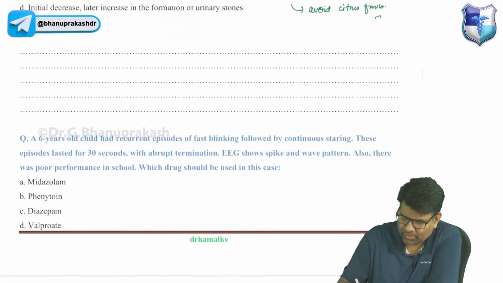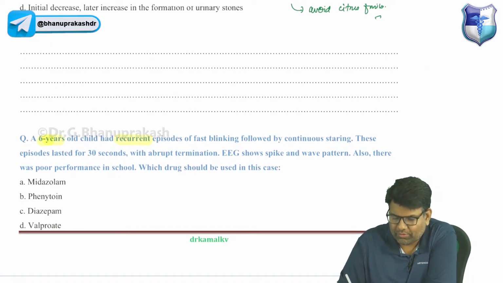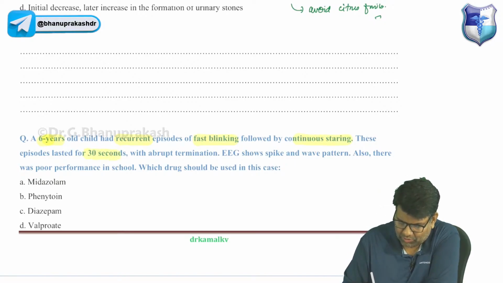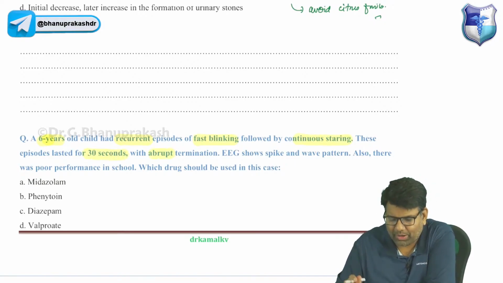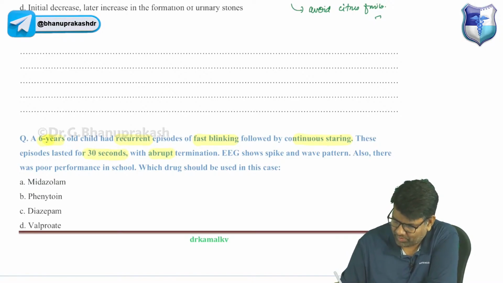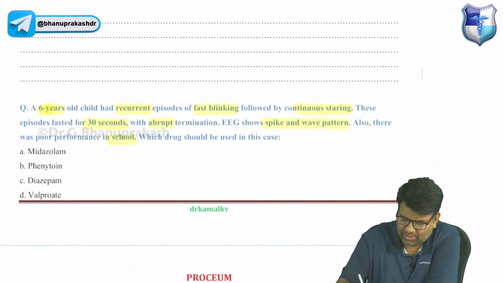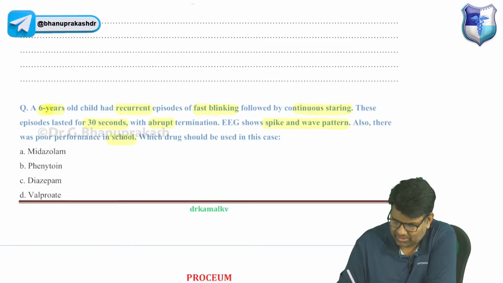Now next question, a child with recurrent episodes of fast blinking followed by continuous staring, and the episodes usually last for 30 seconds with abrupt termination. EEG shows spike and wave pattern. Very good. And just because of these episodes, he is performing poorly in school. Yes, so the answer is very good, Nidhi.